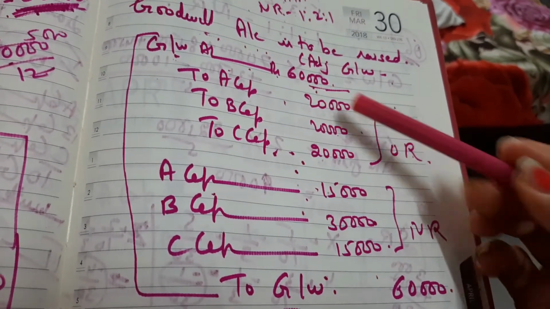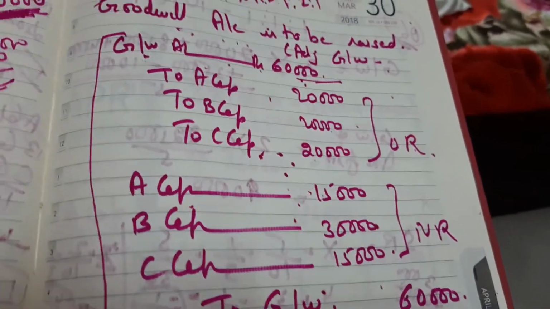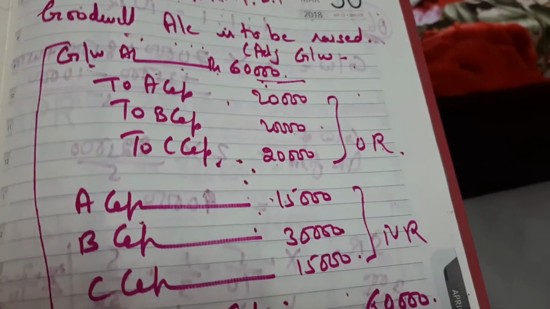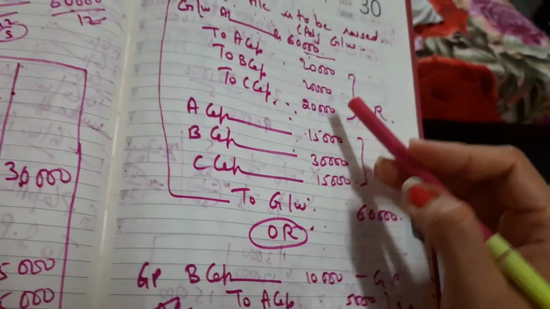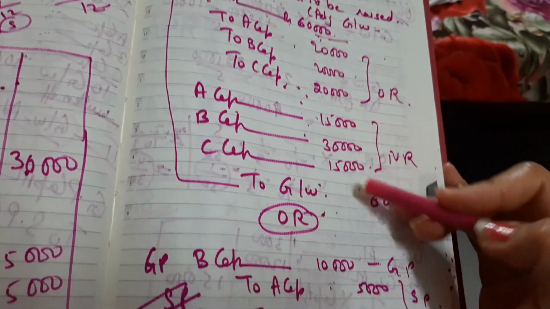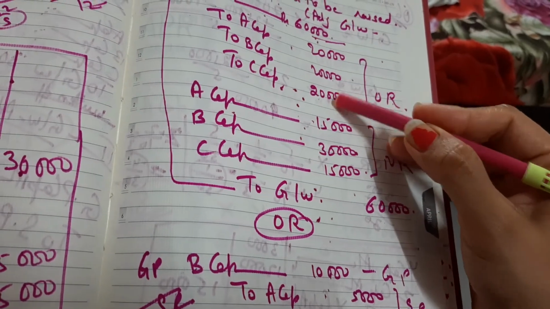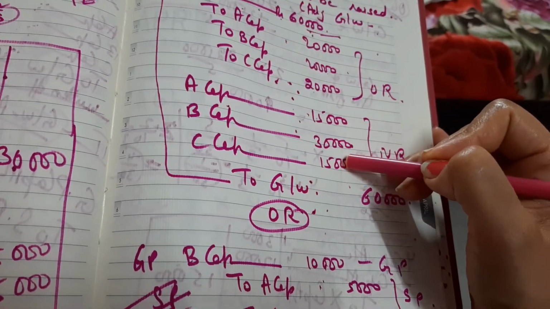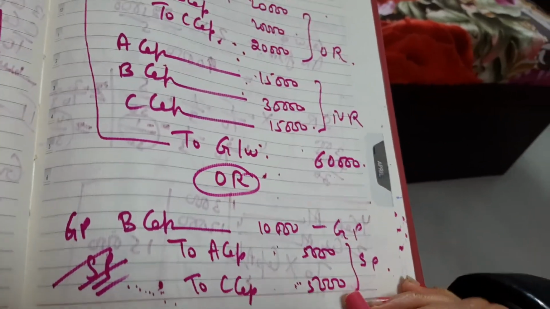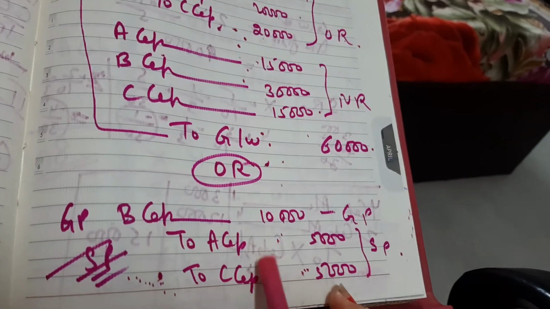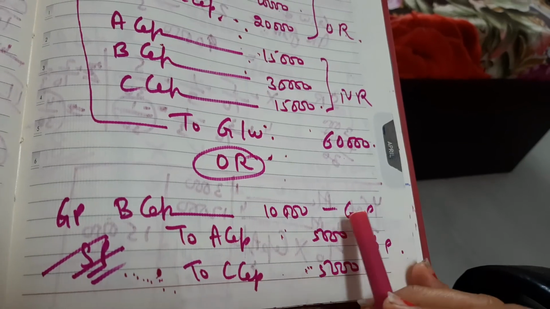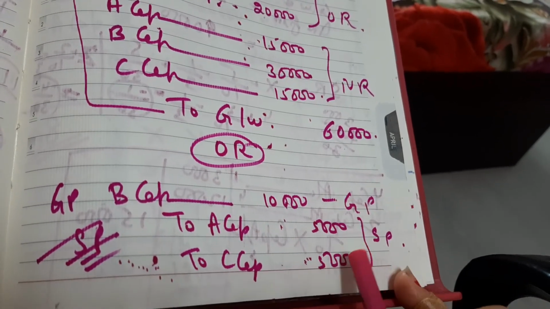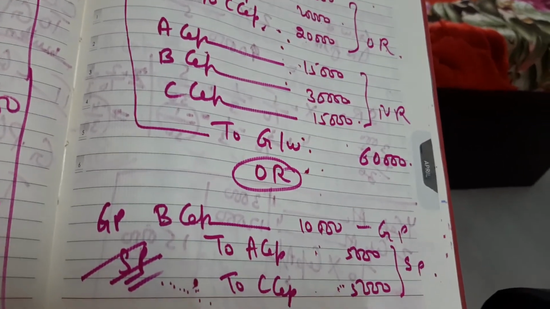Now if we see the net effect, A is credited by 5,000, B is debited by 10,000, and C is also credited by 5,000. So basically B's capital goes to A's capital and C's capital. This will be the same case which we discussed earlier, that is gaining partner's capital account to sacrificing partners' capital account.